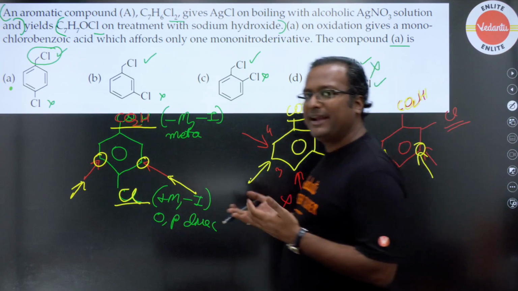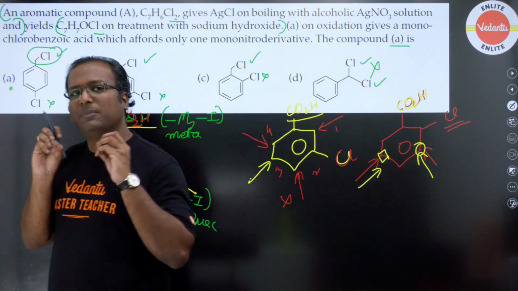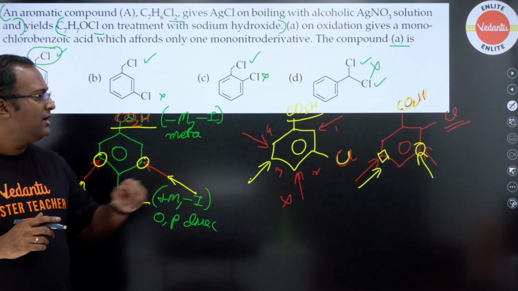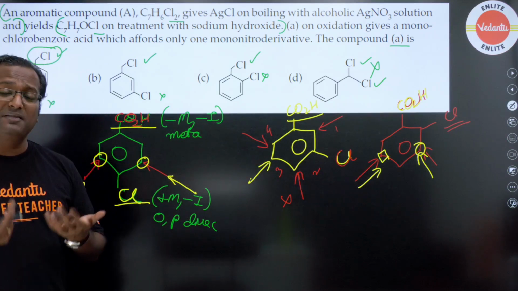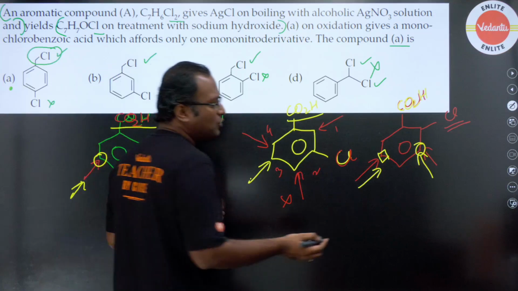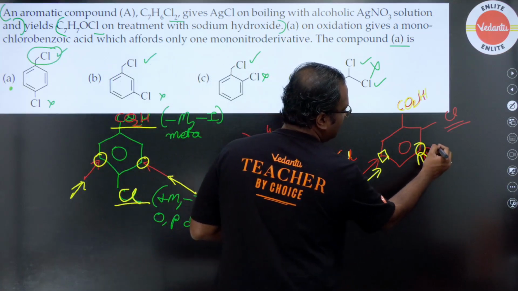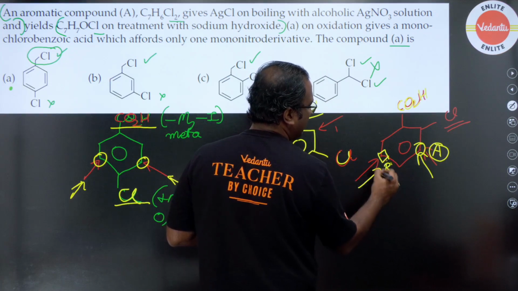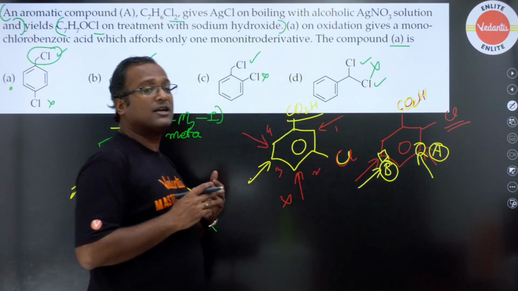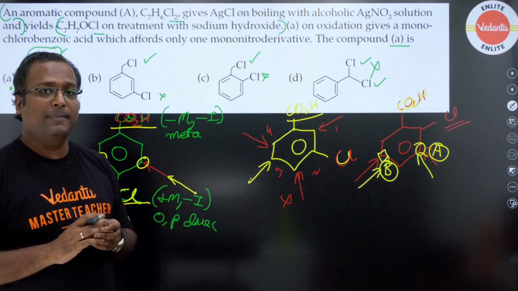Although CO2H and Cl are pushing the incoming electrophile to the same marked positions, they are not identical positions. Due to IUPAC nomenclature, if you put nitro at this A position and if you put nitro at this B position, both are 2 different products.